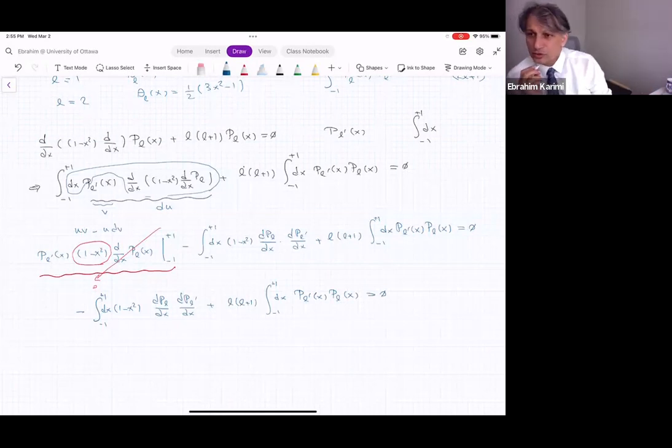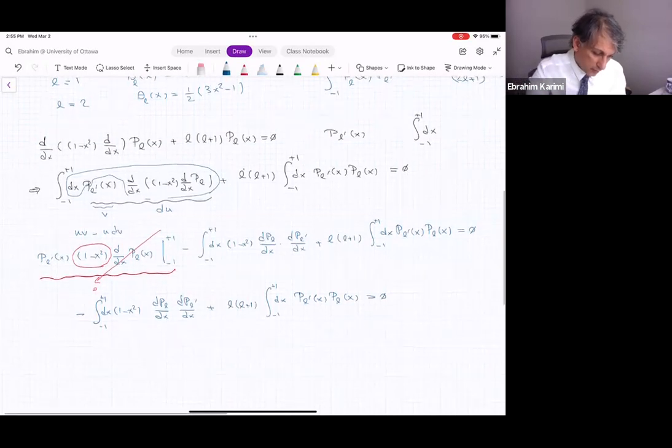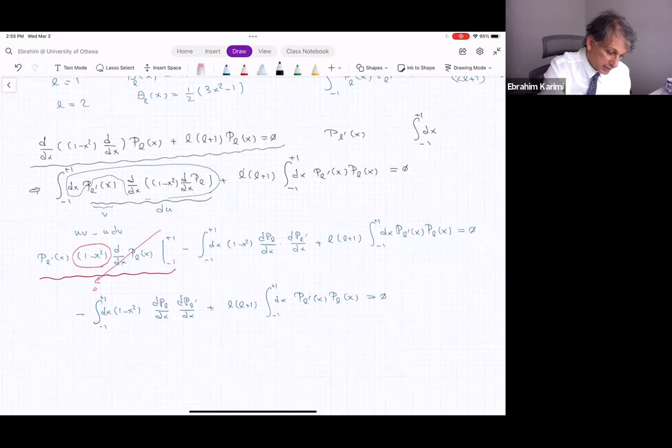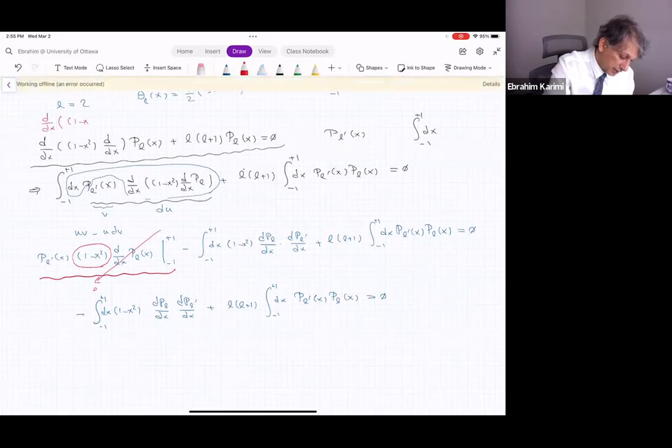We can do the same calculation when this differential equation is written for L prime. So when it is written as d/dx of (1 minus x squared) d/dx of P_L'(x).